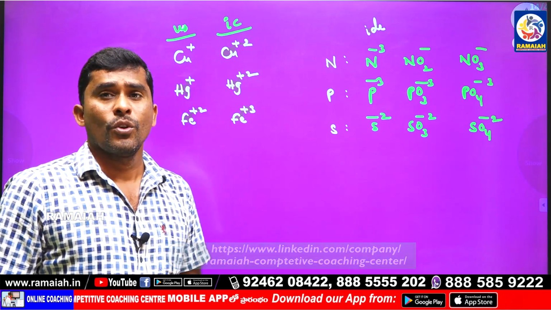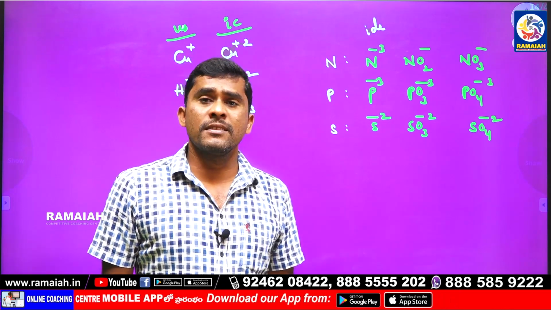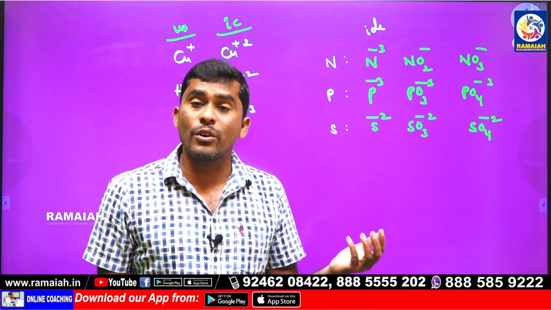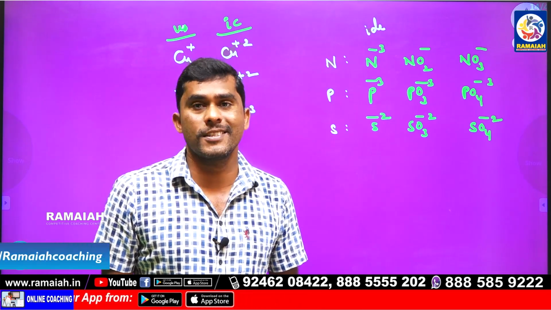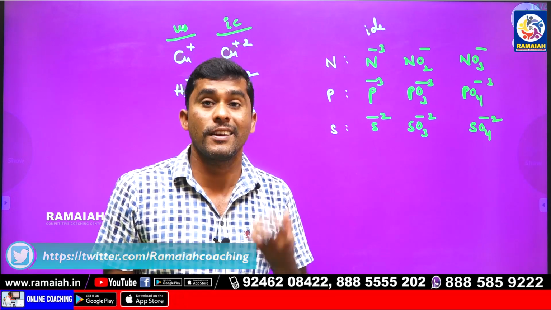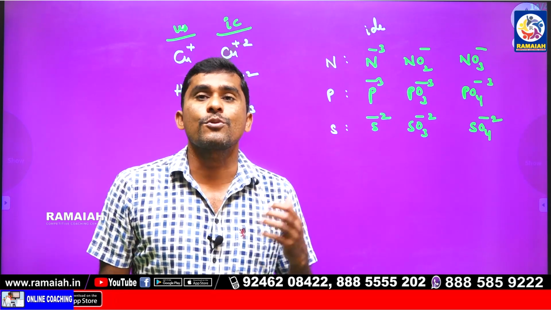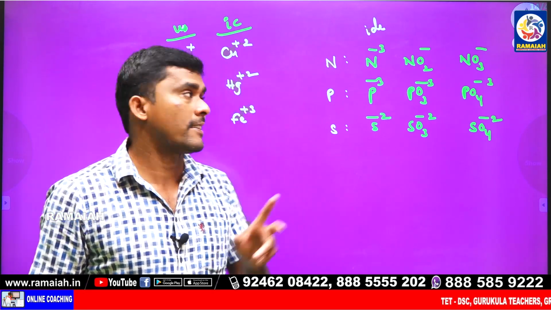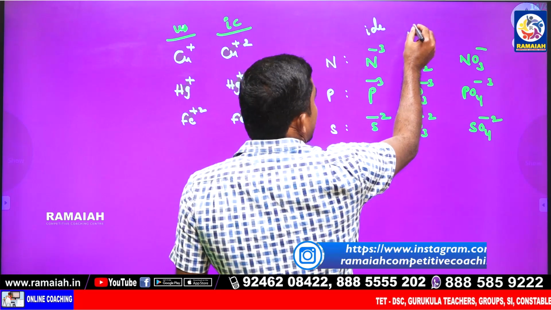Next one. An ion which has a negative charge and fewer oxygen atoms, finally we say -ite.